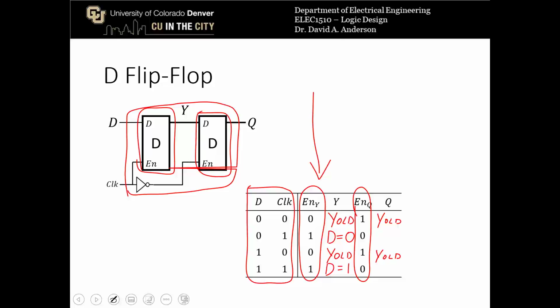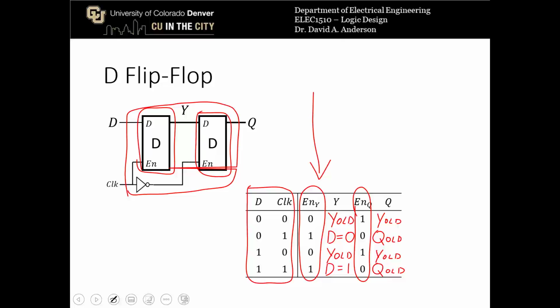When the enable Q line is 0, meaning that clock is a 1, Q remembers its previous state, which is Q old. So Q can only be one of two values, either the old state of Y, which is what D used to be, or Q old, which is what Q used to be.